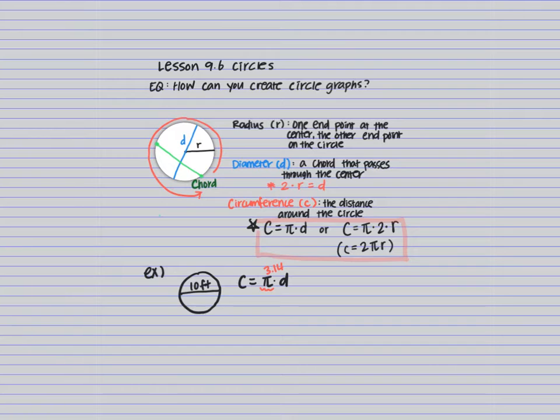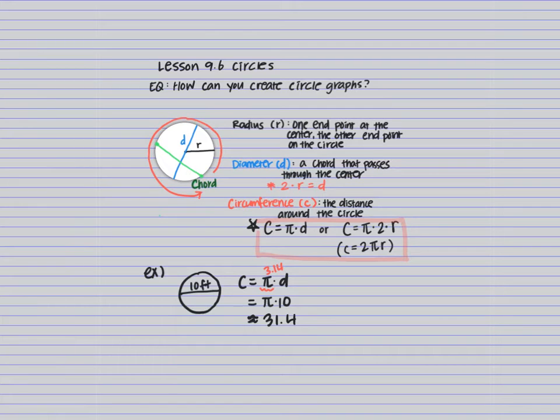So what I'm going to do is, I have the equation already. I am simply going to plug in pi times diameter. So if you are using a calculator with a pi symbol, then you're going to press pi symbol times 10, or you can do 10 times pi symbol depending on whatever you have, and then find out the answer. If you don't have the pi symbol, just plug in 3.14 times 10, which is going to give you about 31.4.